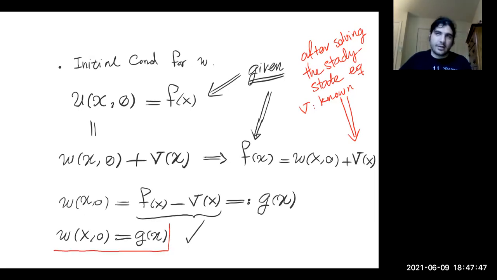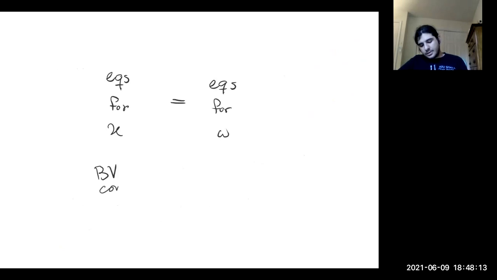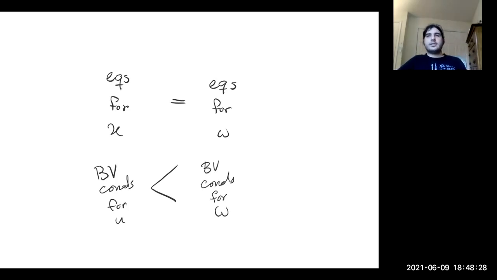So we get another initial condition. The initial condition does not change much. It doesn't get harder or easier, at least in the general case. But the boundary value conditions, they become better. So equations for U are equal to equations for W. Boundary value conditions for U are harder than boundary value conditions for W. So we like the boundary value conditions for W better.